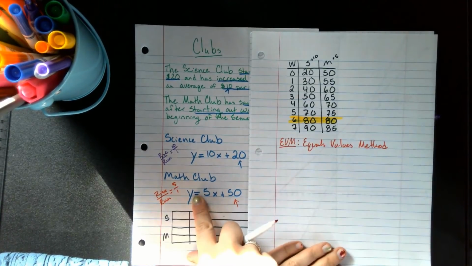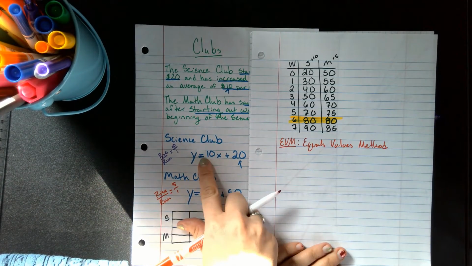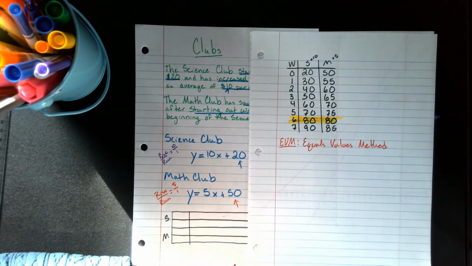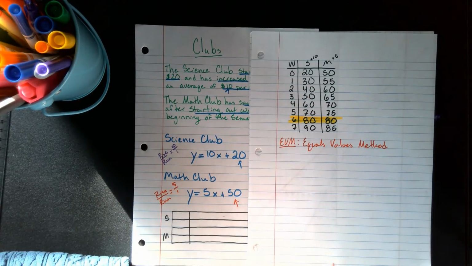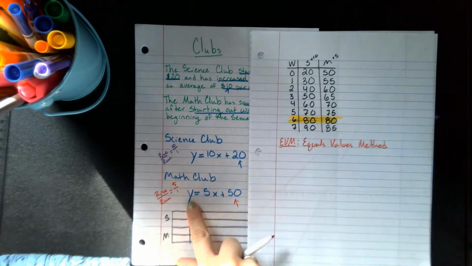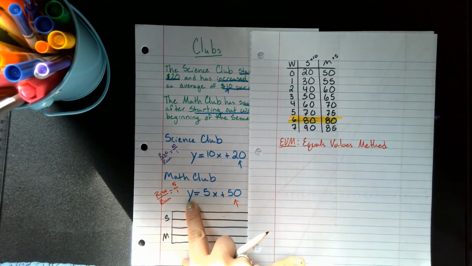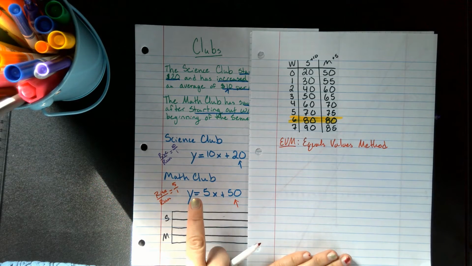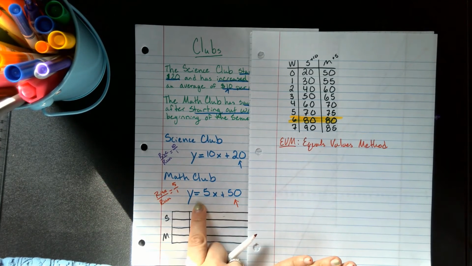What equal values method is essentially saying is that if you look at these 2 equations, they both equal y, right? They both equal y. Now, here's the question I'm going to put into Nearpod. Does y equal the same thing?